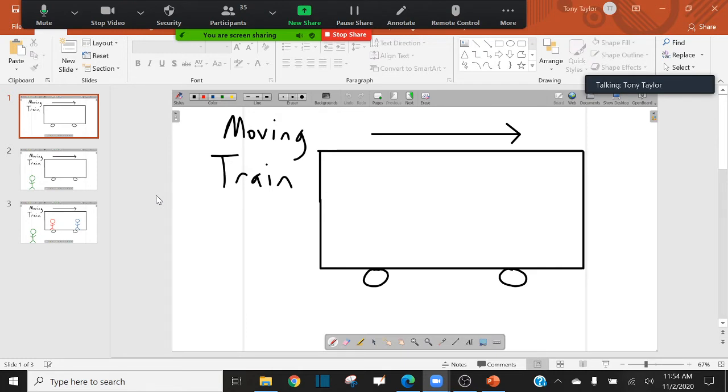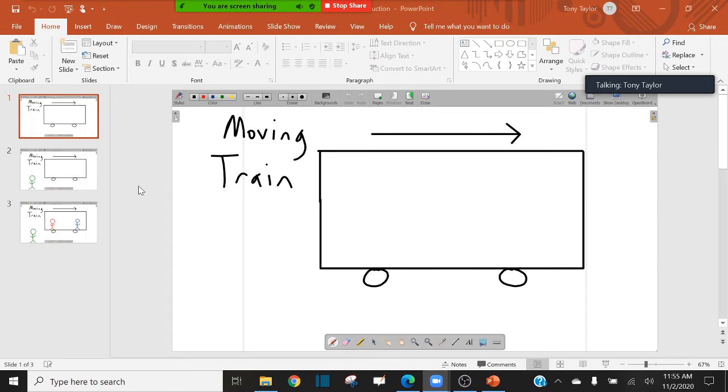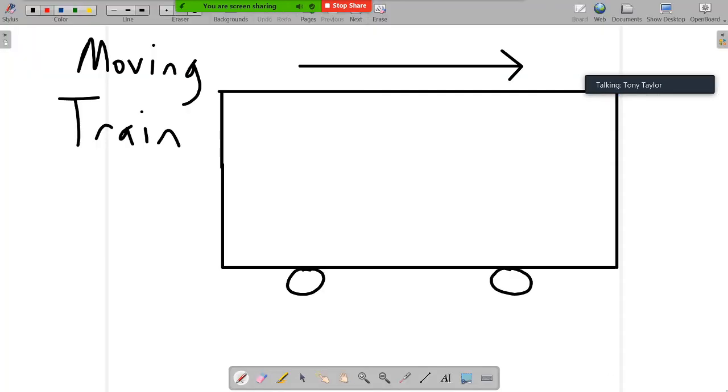Okay, let me give you all an example of how to convert between different reference frames mathematically. Okay, so guys, imagine here that we have a moving train, and this train is moving in this direction here.